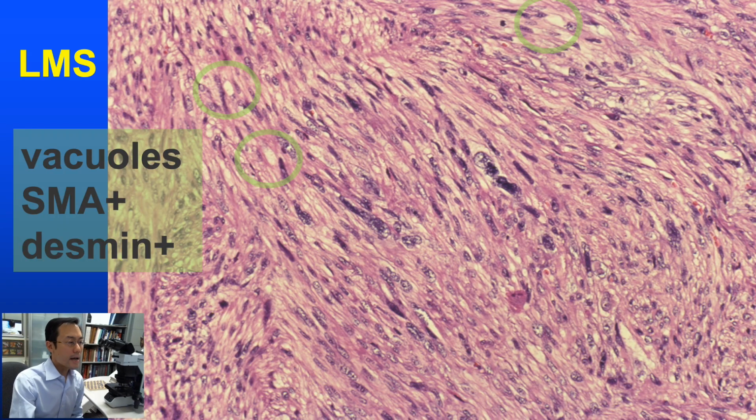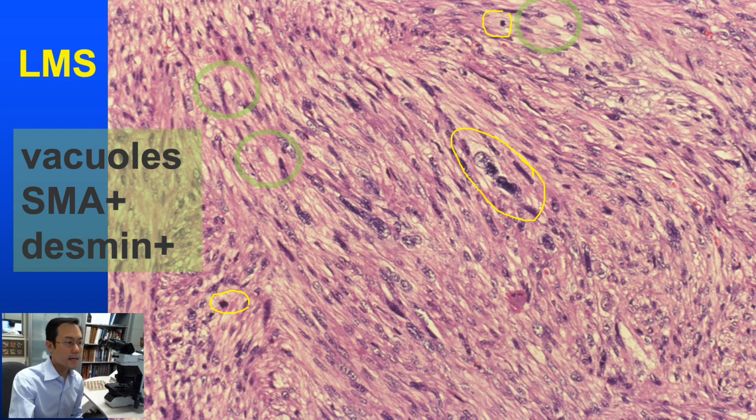And at high magnification, we have confirmation of cytologic atypia with large hyperchromatic spindle nuclei, occasional mitoses, and highlighted in green, intracytoplasmic vacuoles as histomorphologic evidence of smooth muscle differentiation.